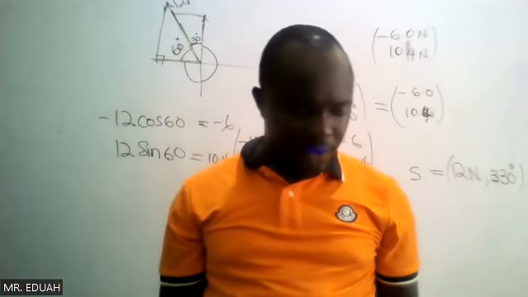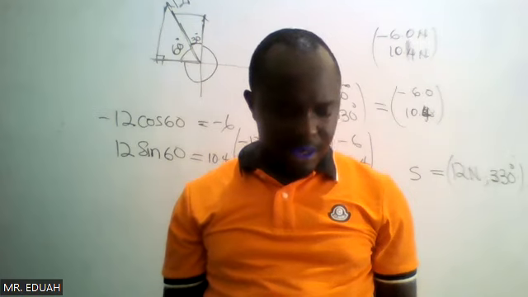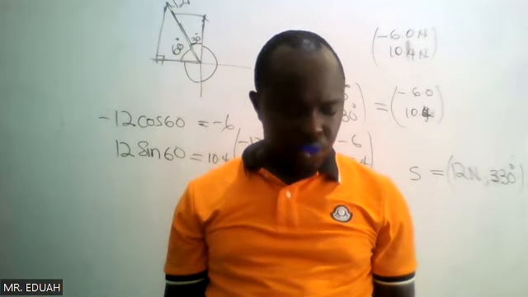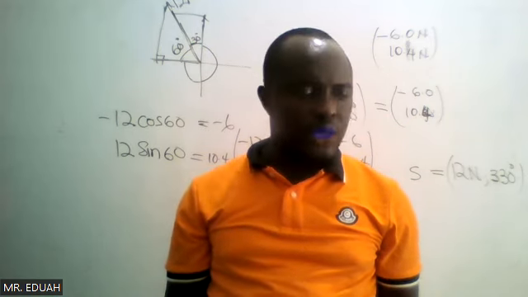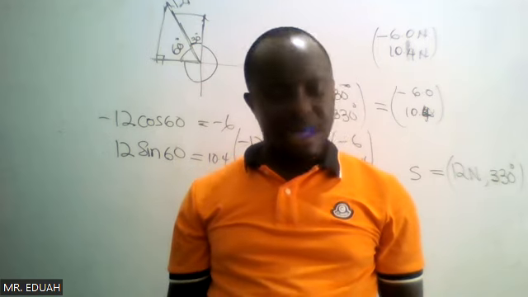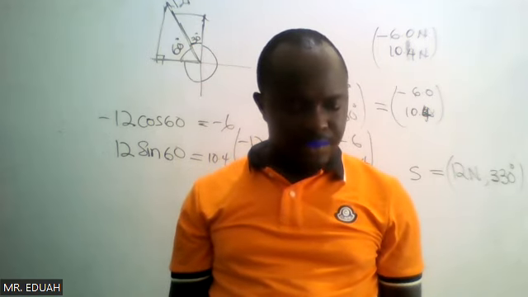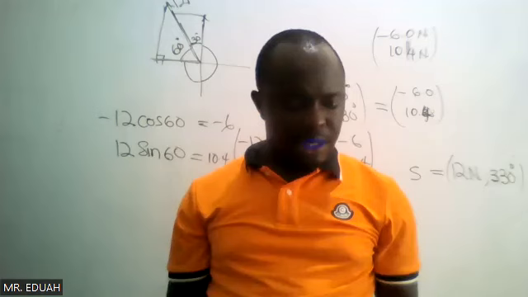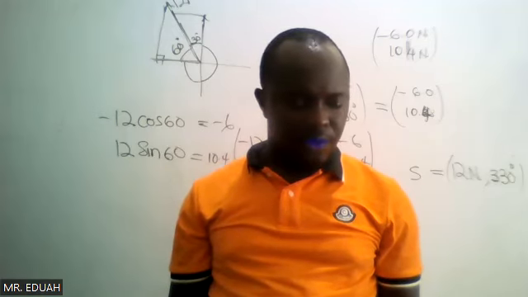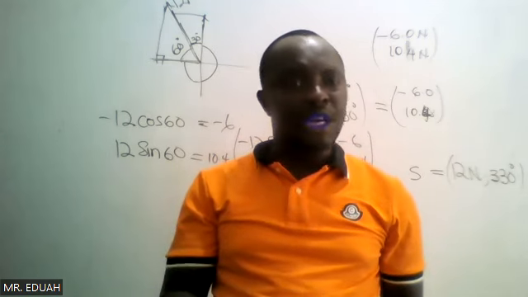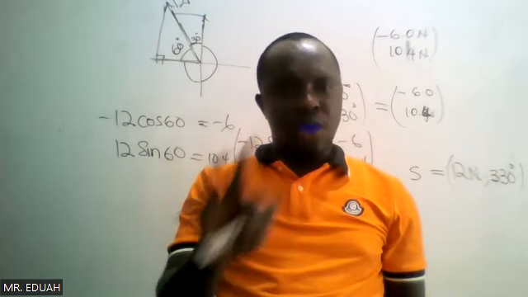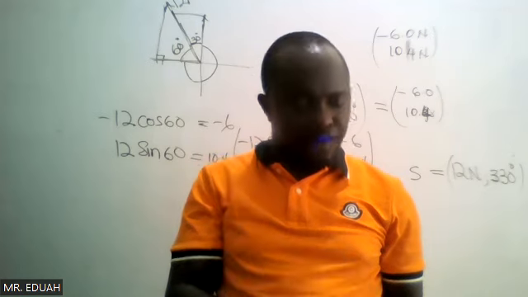I want you to resolve each one, 10 Newton, 17 Newton, and F, into vertical and horizontal components. In our next meeting, I'll give you a value for F, then we look at the resultant force, meaning we have three forces acting concurrently on a body or at a point.